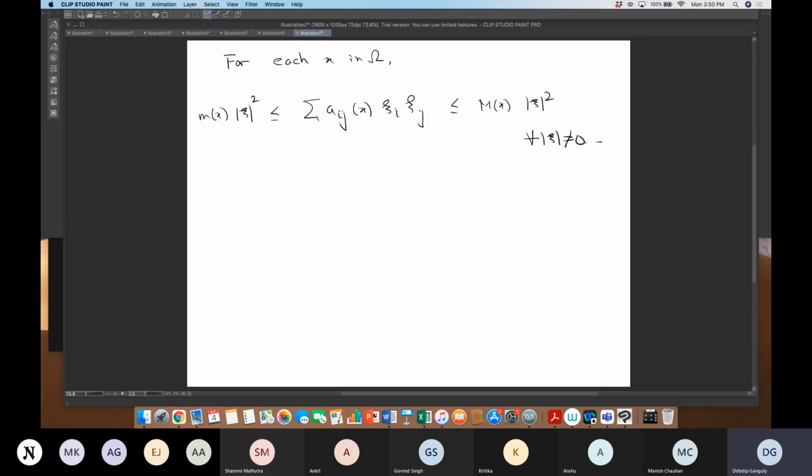That's it. Until now we have defined what is elliptic. Elliptic means the sum a_ij ξ_i ξ_j is not equal to 0. Just from using this definition, we can conclude that for each x we have this.